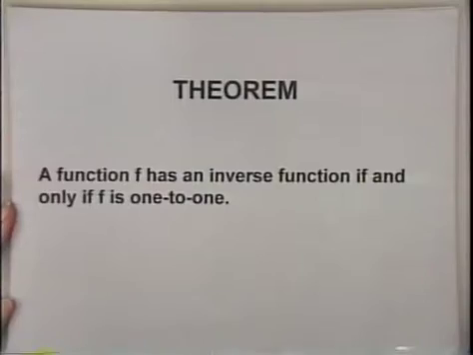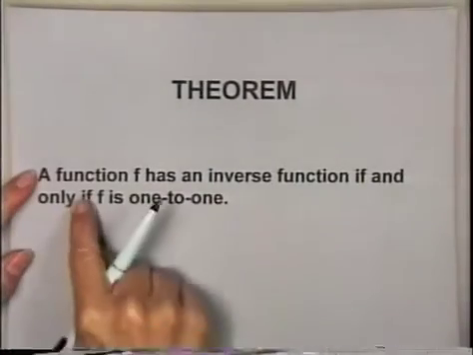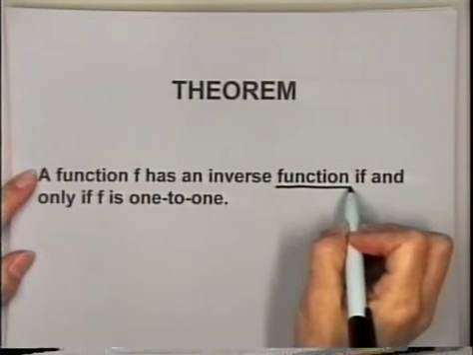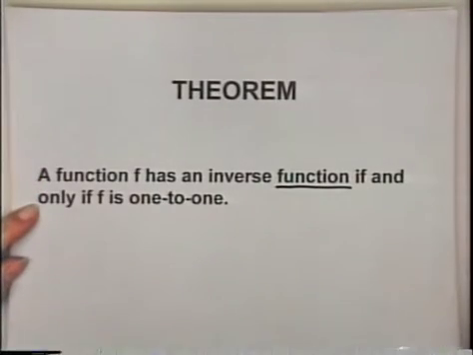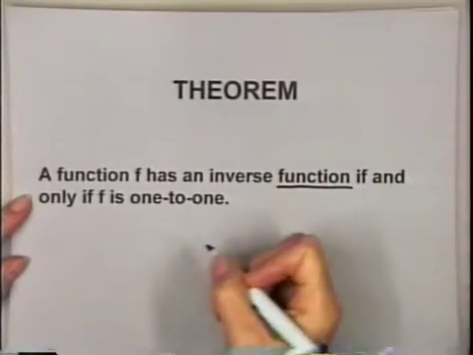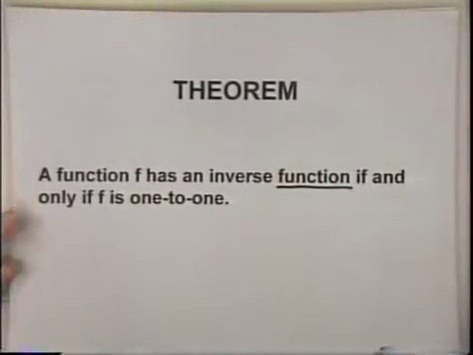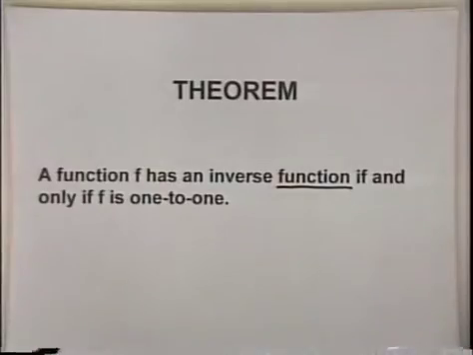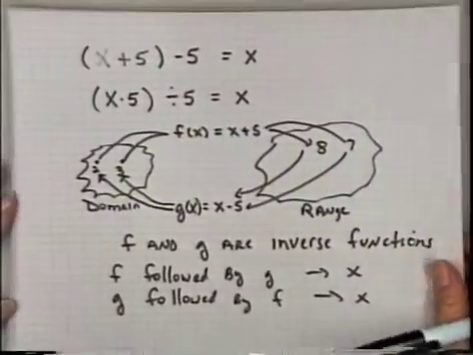So the idea here is a function f has an inverse function if and only if f is 1 to 1. So we're saying when we come back, we also want to only get one answer so that we have an inverse function.